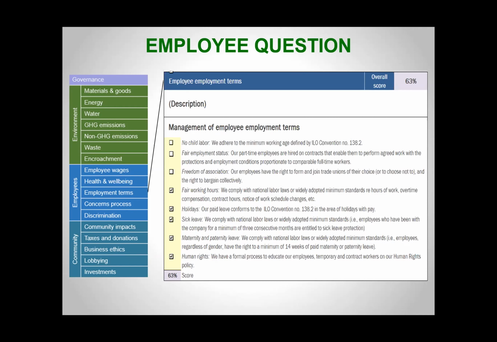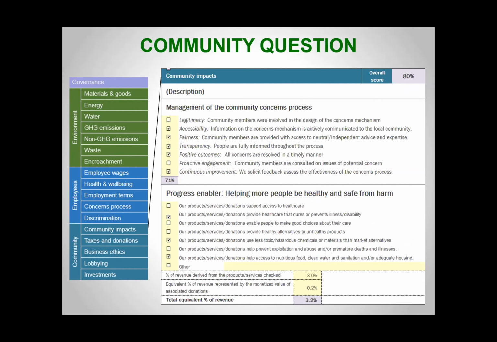And on the community side, there are quite a number of questions on this, but these are two of them. The management of their community concerns process, like how they listen to citizens about any concerns they might have about the operation of the company or its products. And then the progress enabler, how they're helping more people be healthy and safe from harm, as well as employing people with barriers to employment and those kinds of things as well.